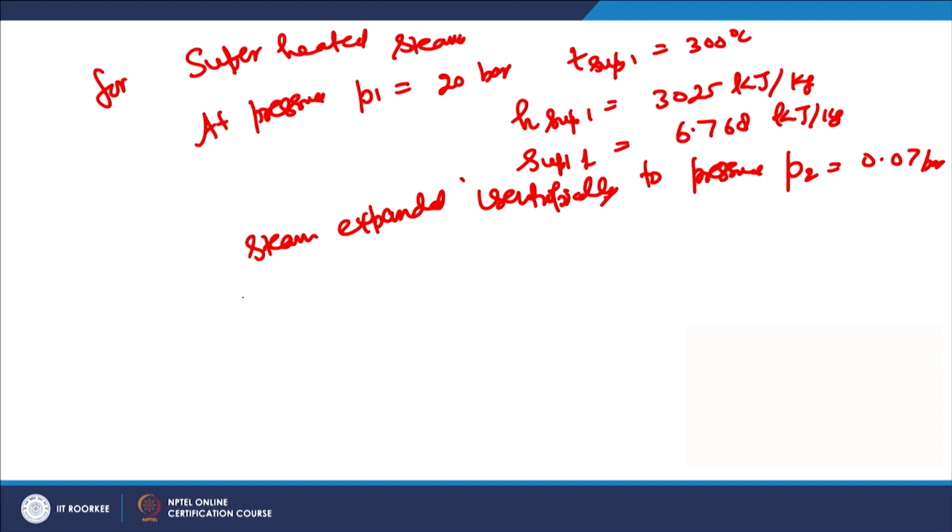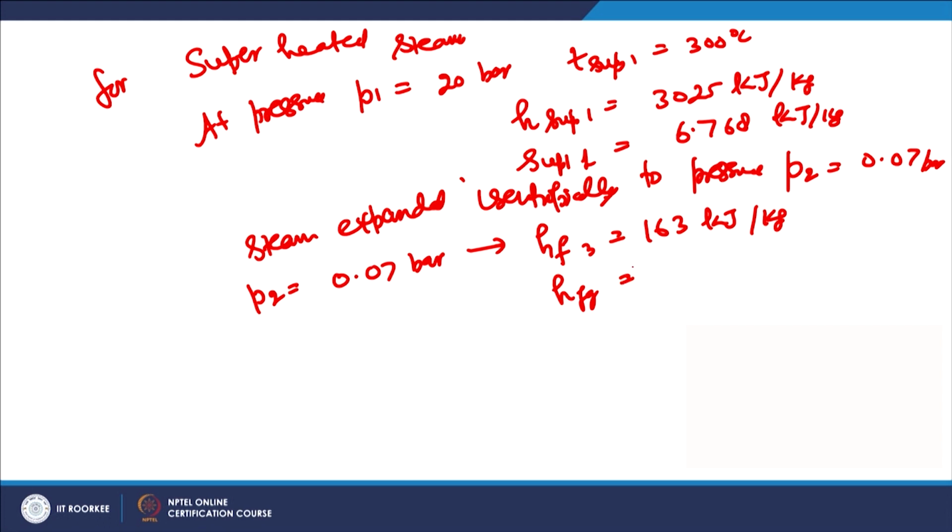So at pressure P2, 0.07 bar, this is the enthalpy, that is 163 kilojoule per kilogram. HFG, fluid to gas, 2409.2 kilojoule per kilogram.